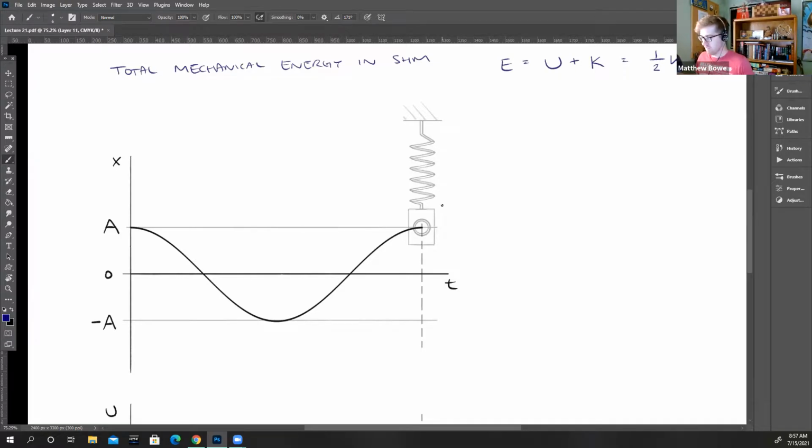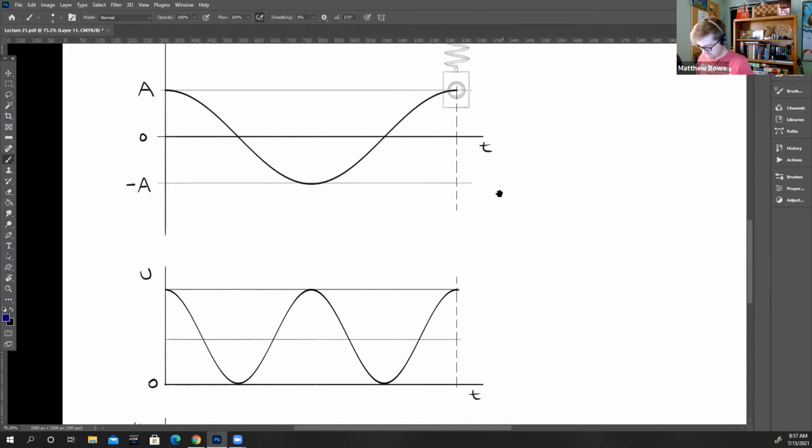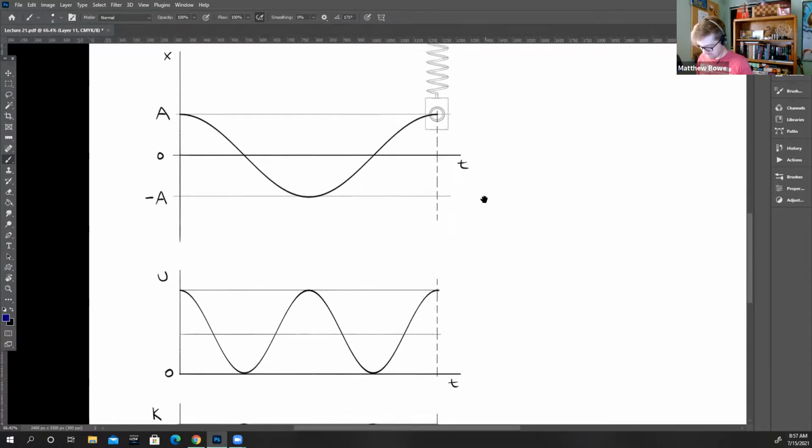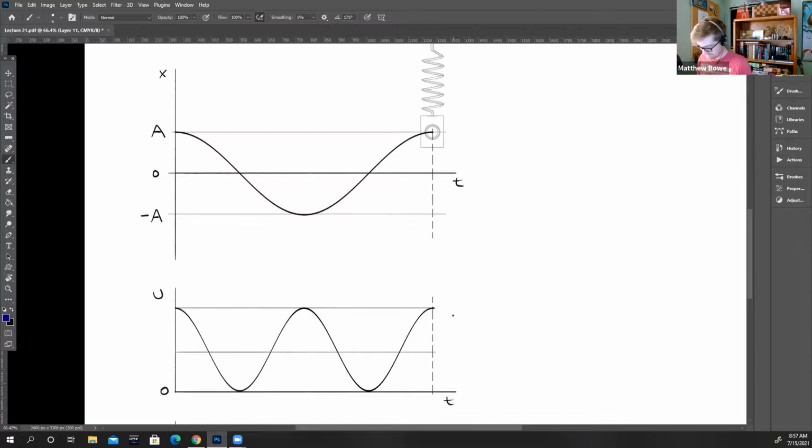So there'll be a maximum right there at the highest point. So we have this point of compression right here.